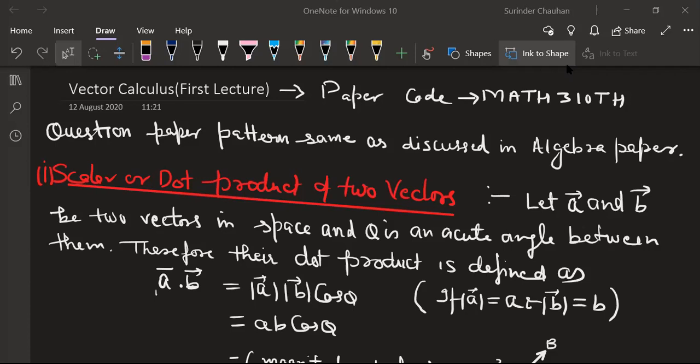Now, when we have the idea of these two types of physical quantities, the scalar physical quantities we have discussed in the differential calculus in first year. All those functions which we discussed in BSc, BA, BSc first year were scalar functions.